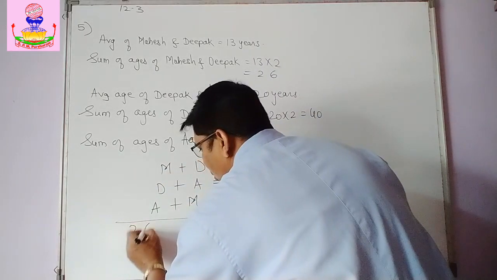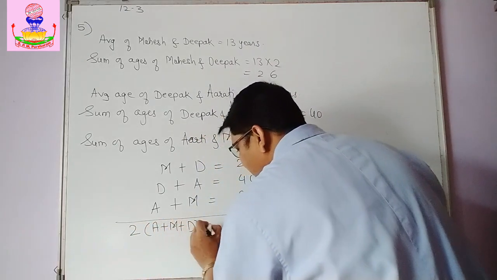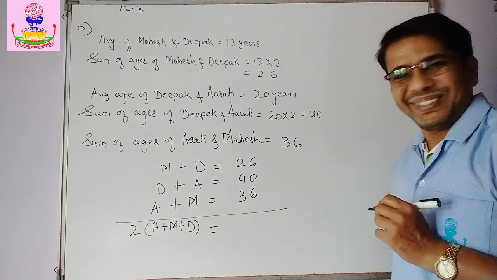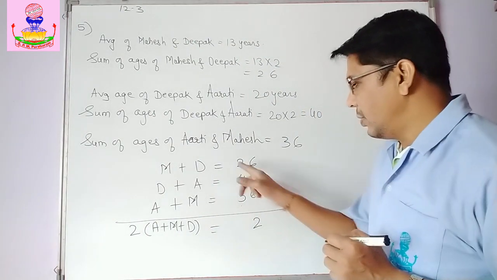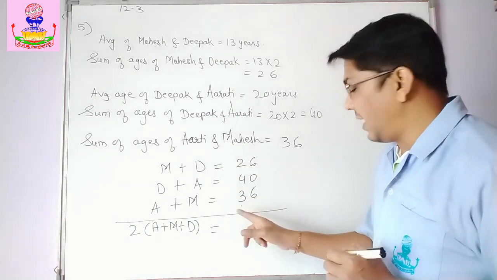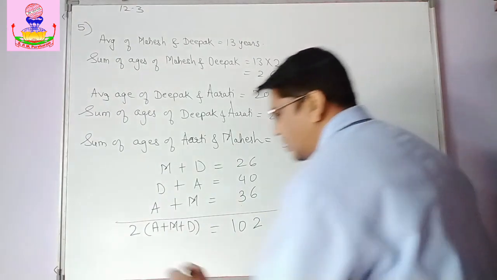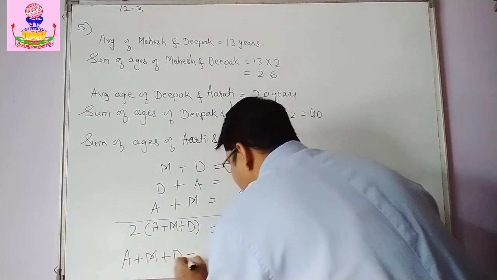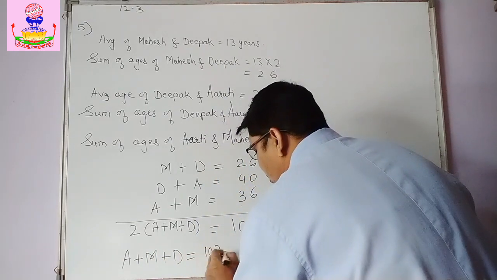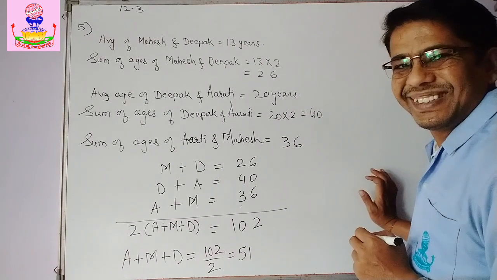So I will write it like this: 2 into bracket A plus M plus D. I hope you understand. And 6 plus 6, 12, 1 carry on. 2 plus 4, 6. 6 plus 3, 9 plus 1, 10. Now divide both sides by 2. So what we will get? A plus M plus D is equal to 102 upon 2, that is 51.